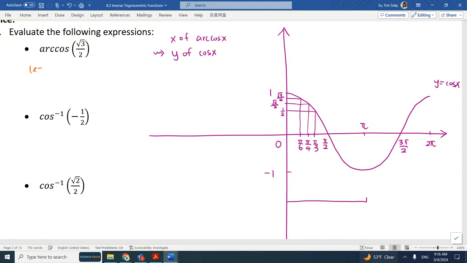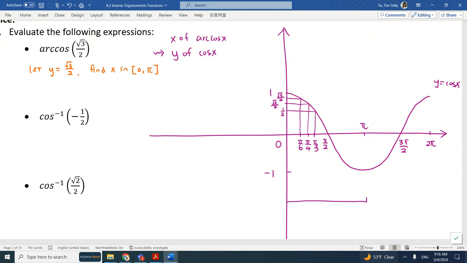So you let y be root 3 over 2, and you want to find the x in the angle interval 0 to pi such that x maps to root 3 over 2. You can see from here to here, root 3 over 2 is the y value.